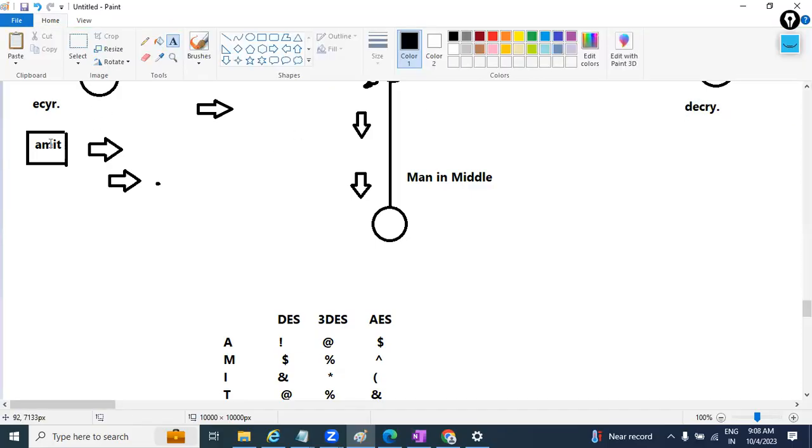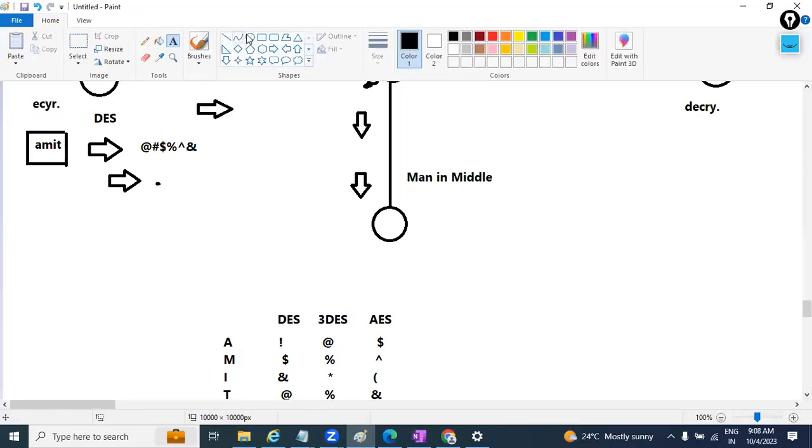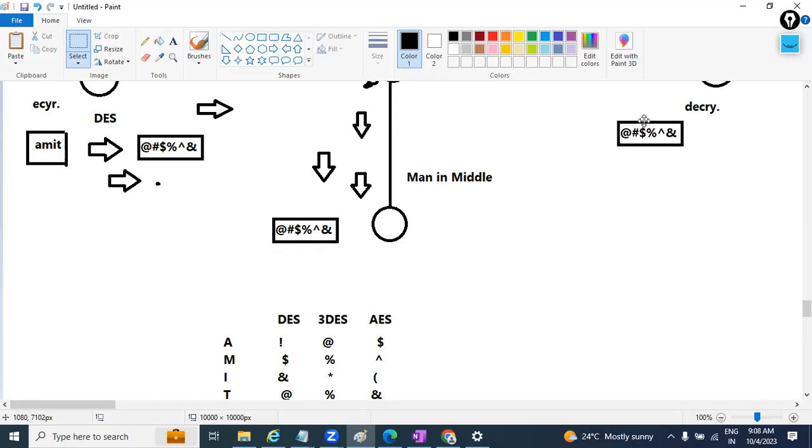So let's consider Amit, and I'm using an algorithm, for example DES, and the result is something like this. Now I'm sending this data over the ISP. The man-in-the-middle attack is there, and this data comes to him. He will make a copy of the data and keep it with him, and send the actual data to the destination.